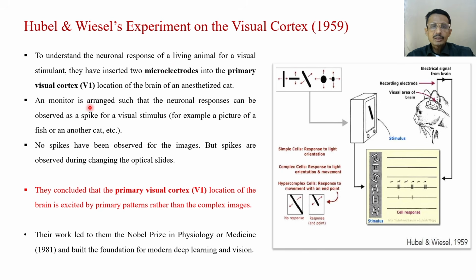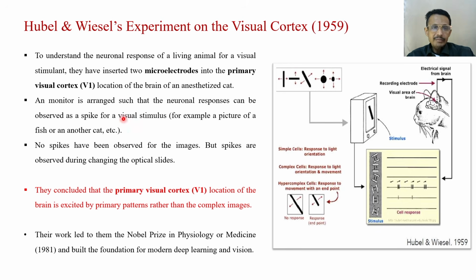Then they arranged the monitor in such a way that any neuronal response from this primary visual cortex would be visualized as a spike.